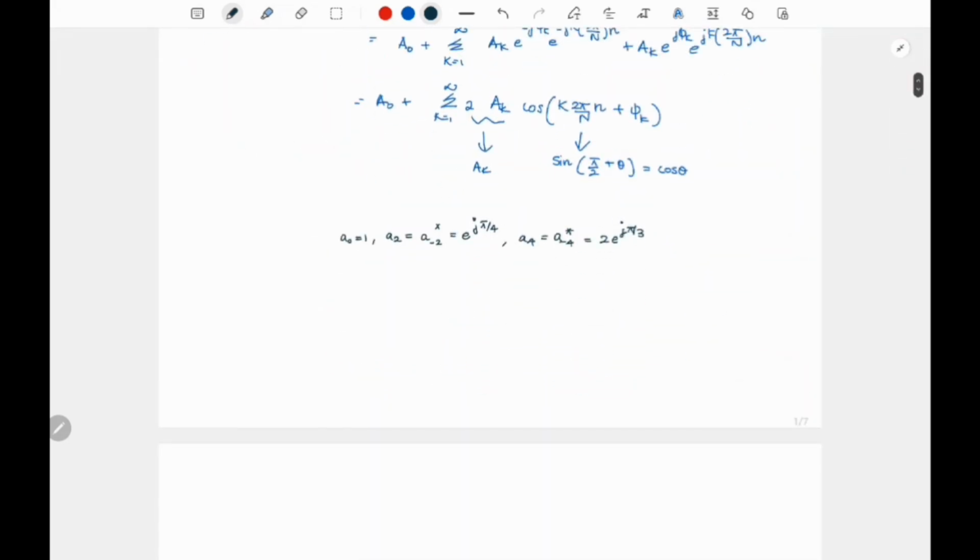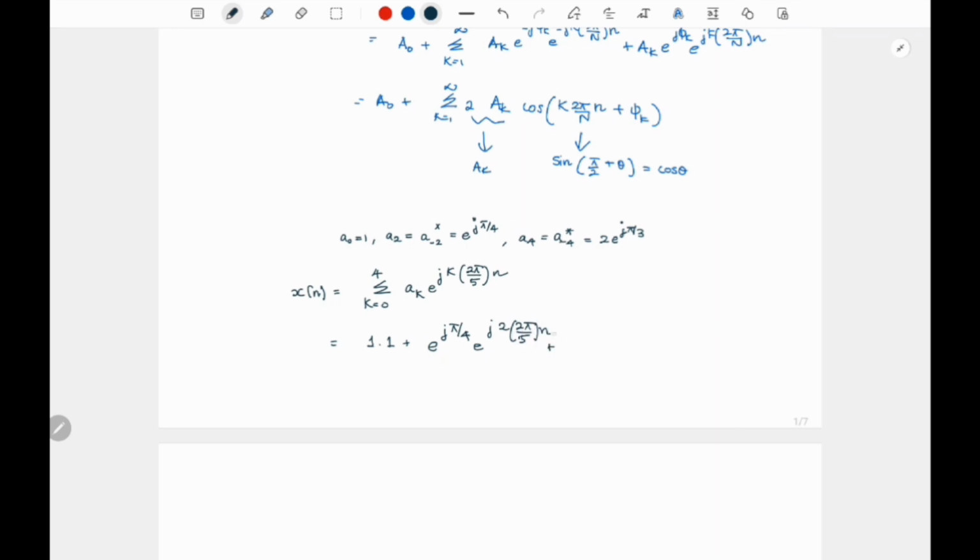So my x of n, my N is equal to 5, so I can write summation k equal to 0 to N minus 1, that is 4, a_k e^{jk 2 pi over 5 n}. So what I'll get? I'll get 1 into 1 plus my a_1 term is 0. So I'll get a_2, which is nothing but e^{j pi by 4} into e^{j 2 into 2 pi by 5 n}.